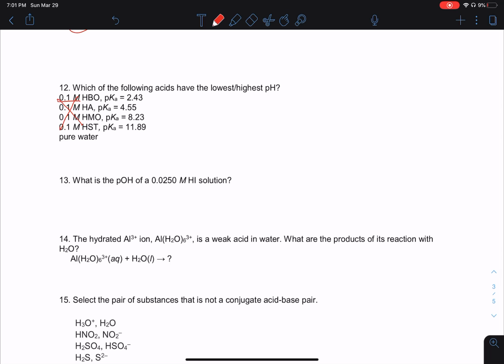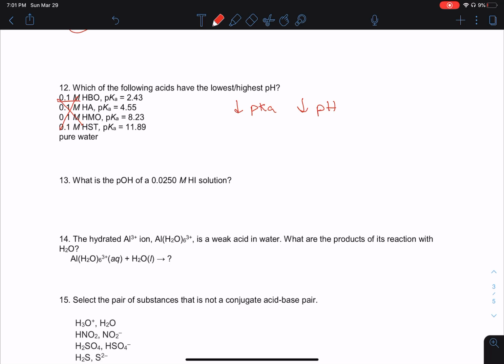It is actually dependent on the structural factors of the molecules in the acid and the solvent. Those two factors affect the pKa values of acids. So the lower the pKa value, the lower the pH value.